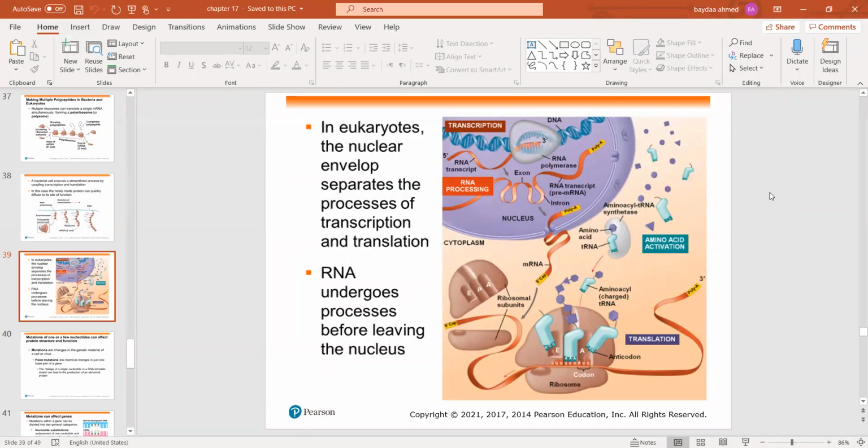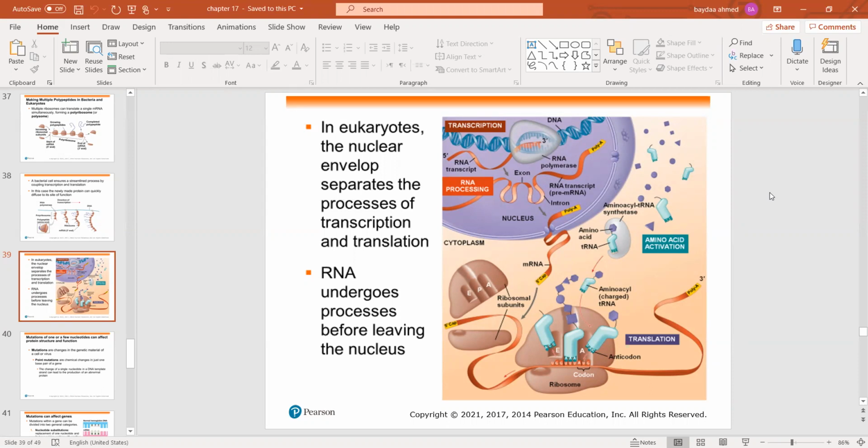In contrast, the eukaryotic cell's nuclear envelope segregates transcription from translation and provides a compartment for extensive RNA processing. This diagram shows the path from one gene to one polypeptide. Each gene in the DNA can be transcribed repeatedly into many identical RNA molecules, and each mRNA can be translated repeatedly to yield many identical polypeptide molecules.